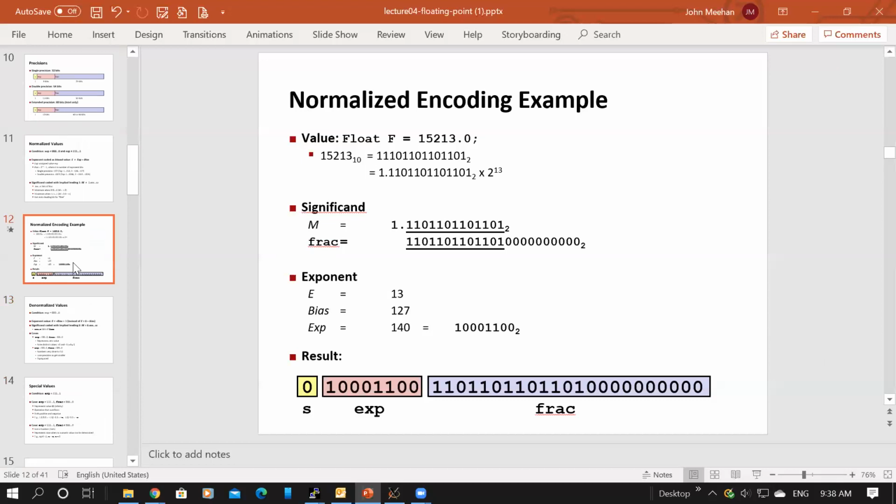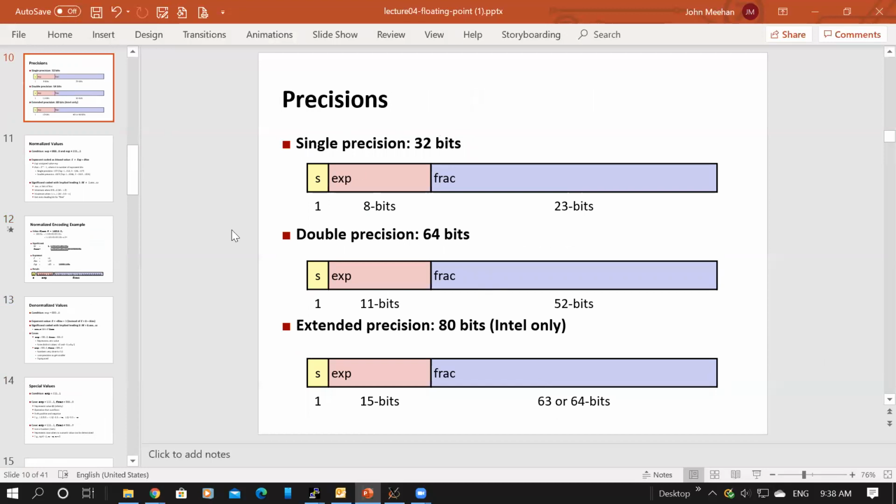Can you explain again how the frac became so long? Well, we've got a 32-bit word, right, where we're going to store this thing. Single precision is going to use a 32-bit word to store the thing. So the way that the bits are parceled out in this encoding form is 8 bits are going to get gobbled up to hold the EXP field. 1 bit's going to be the sign of the overall number.